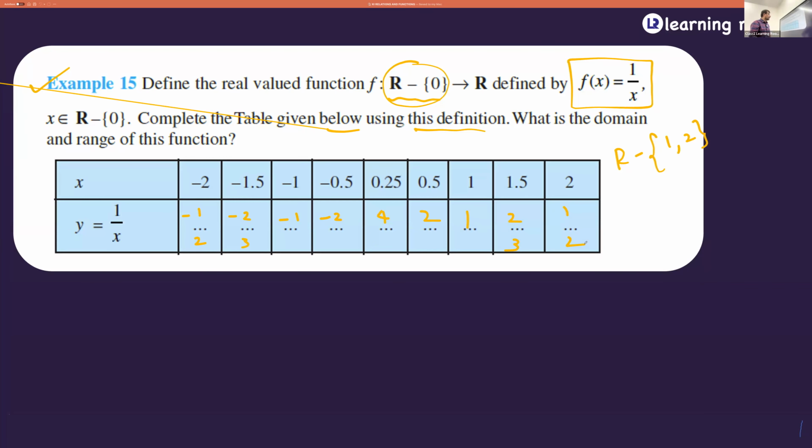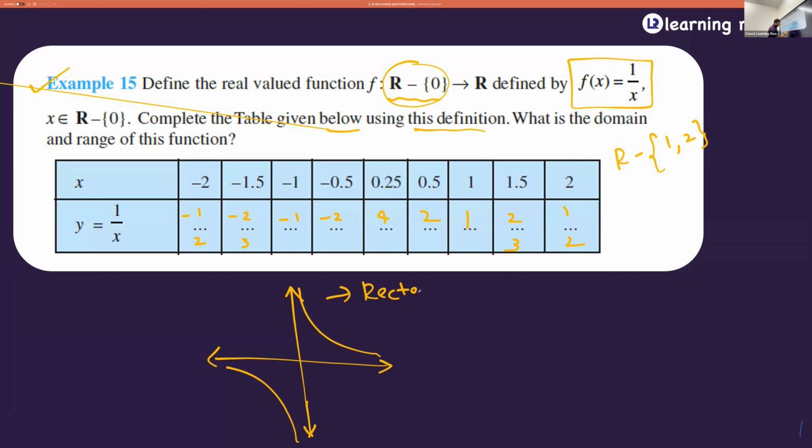If you look at the graph of this kind of a function, it will be something like this. This graph has a name called a rectangular hyperbola. You will not learn it in your CBSE, but you can know the name of it. In physics also you'll apply it.